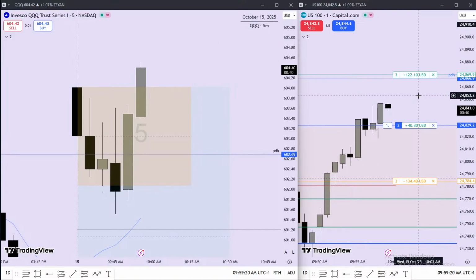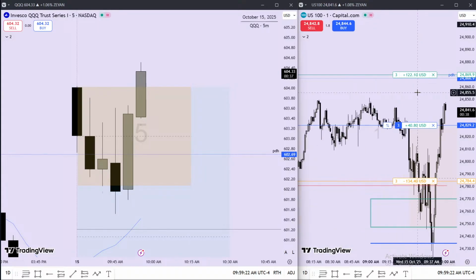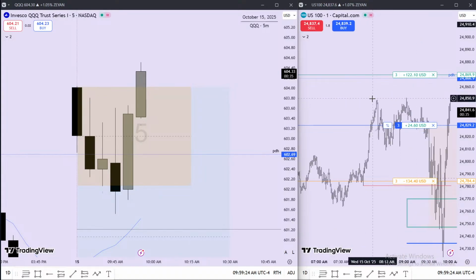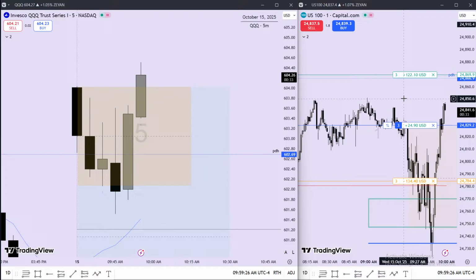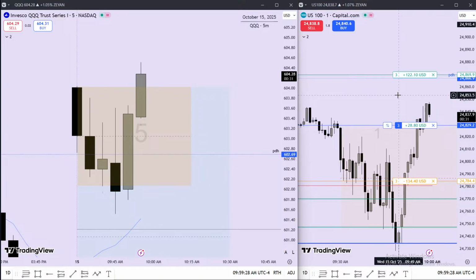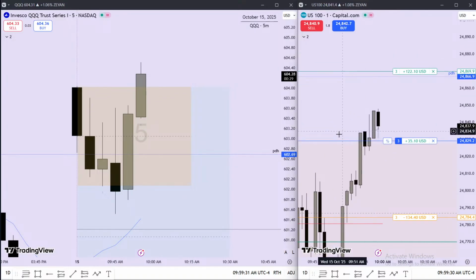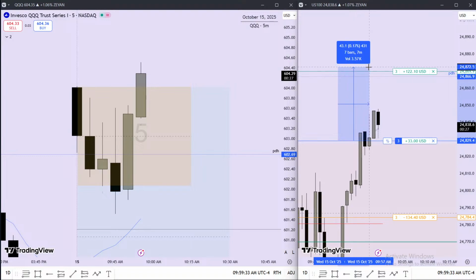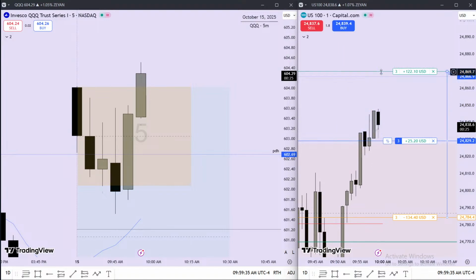But since I'm targeting yesterday's Asian highs, which is untagged, and today's London highs, my target is reasonable enough to get touched, and I'm not really expecting that much.